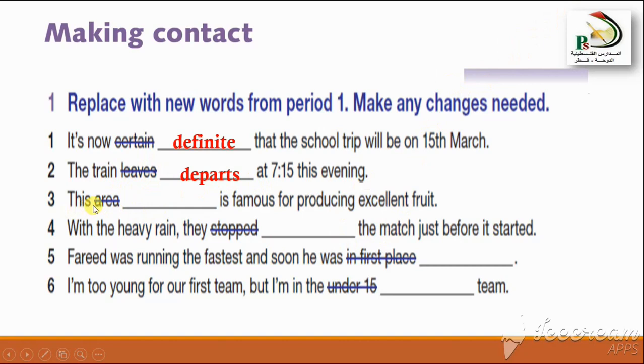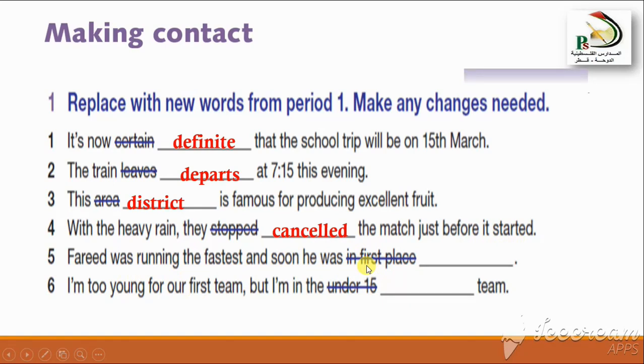This area, I showed you different areas of Palestine according to 1914 distribution. District. With the heavy rain, they stopped. They cancelled the match just before it started. Cancelled. They ended it.